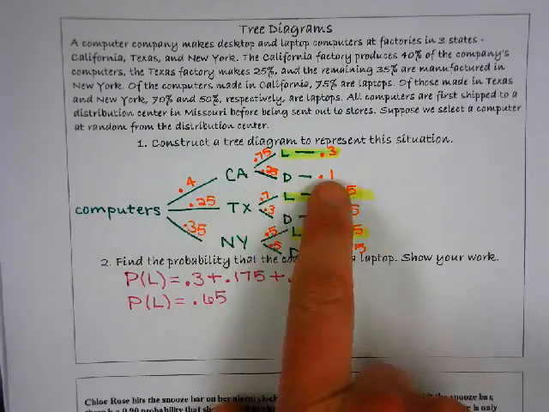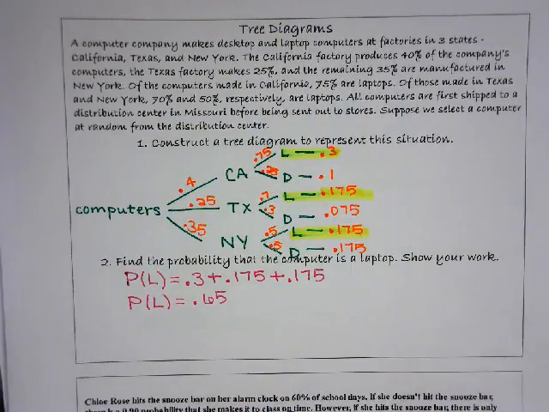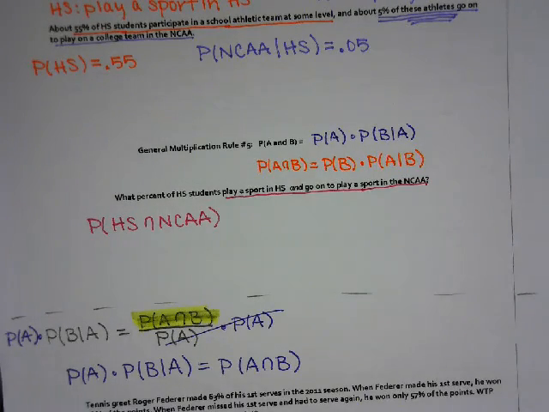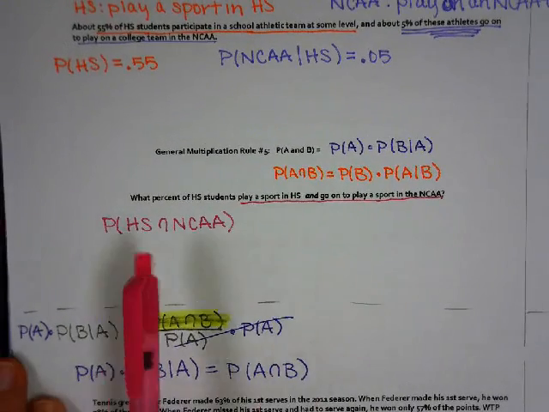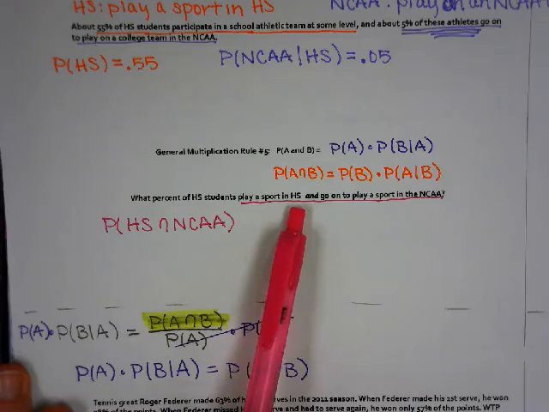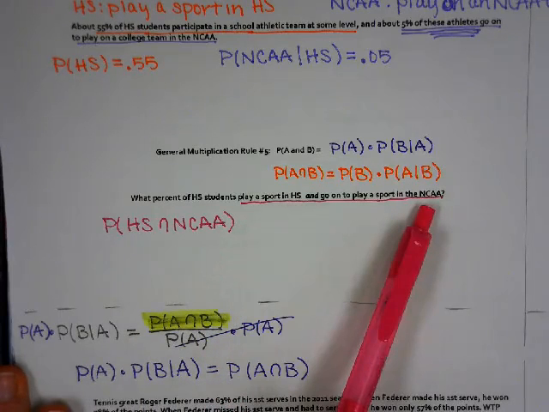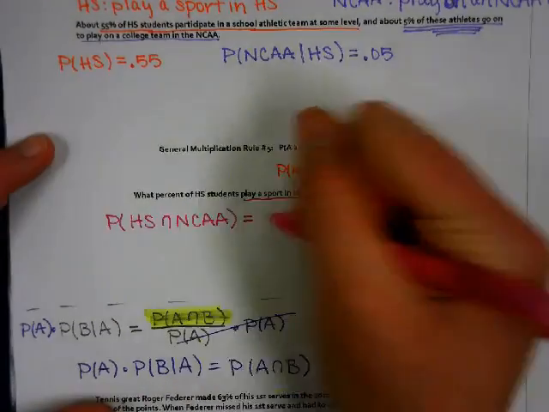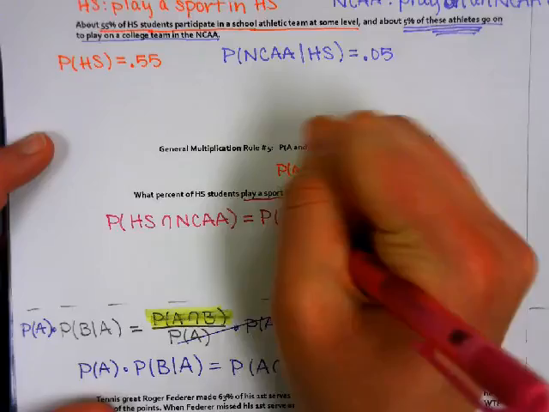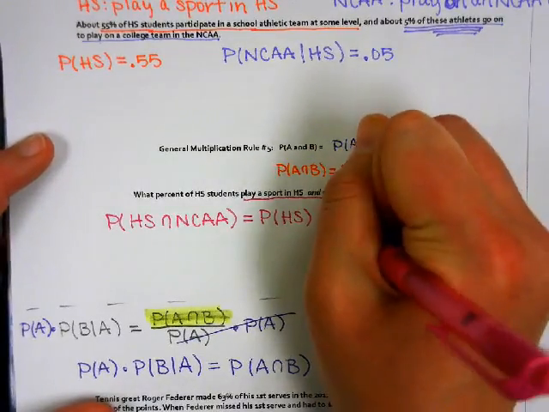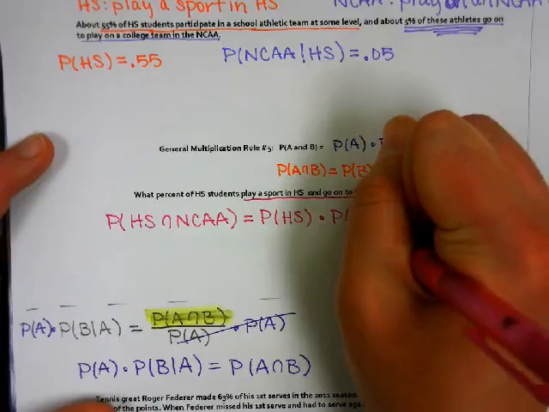This is what it looks like using the probability notation. To answer the question, play in high school and play in NCAA, we would take the probability played in high school, multiply it by the probability they're on an NCAA team, given they played in high school.